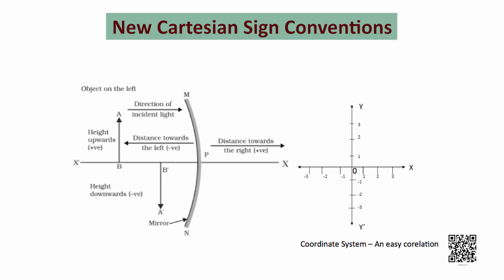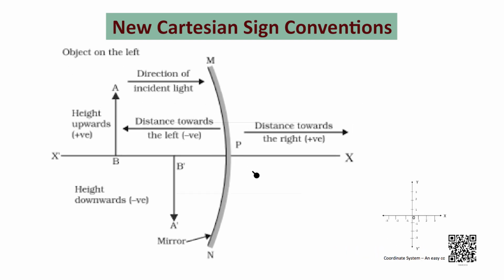While dealing with the reflection of light by spherical mirrors, we shall follow a set of sign conventions called the new Cartesian sign conventions. In this convention, the pole P of the mirror is taken as the origin.